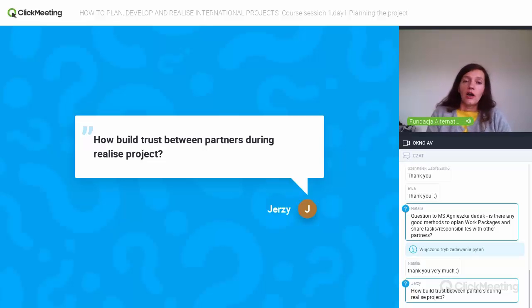When you start realizing the project, how to build trust? Of course, doing a project is a job to do, but doing a project also means meetings of the people involved. It's good advice to use well the meetings you have, to give a space for the people to learn each other, to talk. It's a good idea to have regular meetings online.